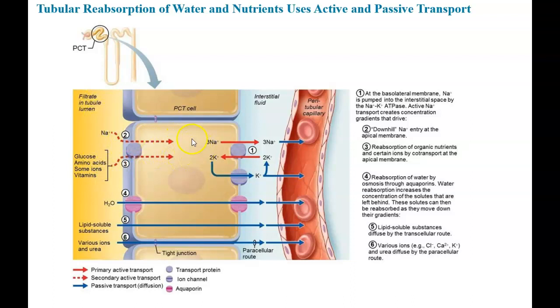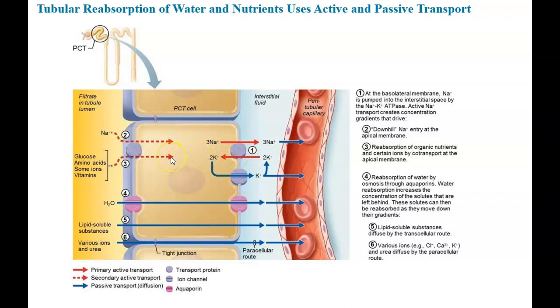Because as you're moving sodium out of this cell, that means that there's less sodium inside of the cell. There's more sodium outside of the cell. So sodium moves down the concentration gradient and it's going to move into the cell because of the gradient created by the sodium and potassium ATPase.